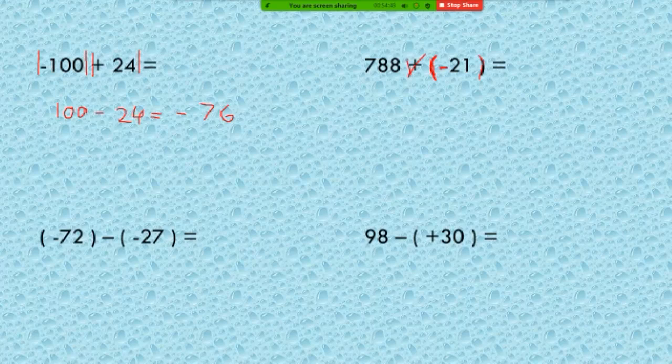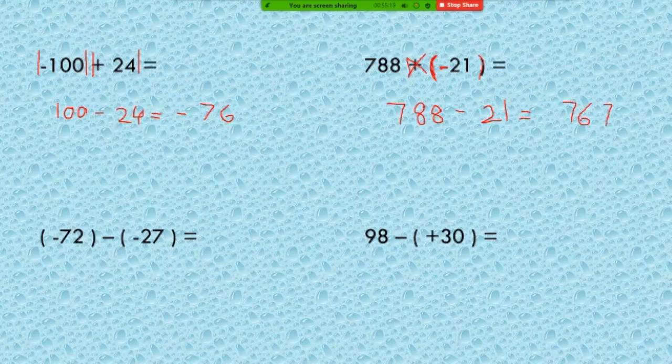So we'll cut this plus sign. So 788 minus 21. This will be equal to 767.